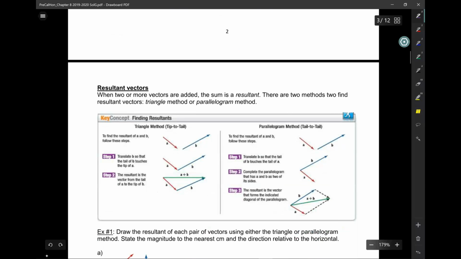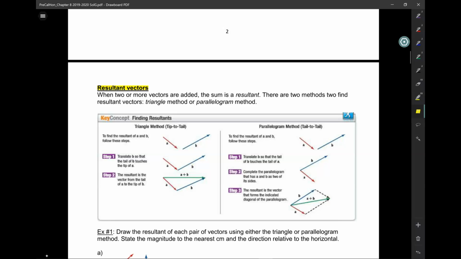Okay. So now, resultant vectors. We know how to add numbers, right? And vectors don't add like numbers do. They add differently because vectors are not quantities like a 3 or a 5.